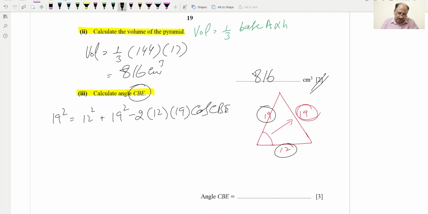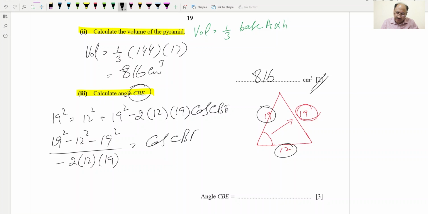Now we shift these two values to the other side, and this will be 19 squared minus 12 squared minus 19 squared, divided by minus 2 into 12 into 19, is equal to cos of CBE.